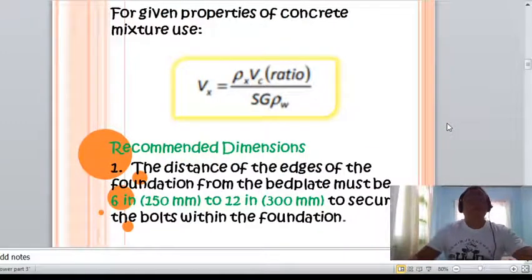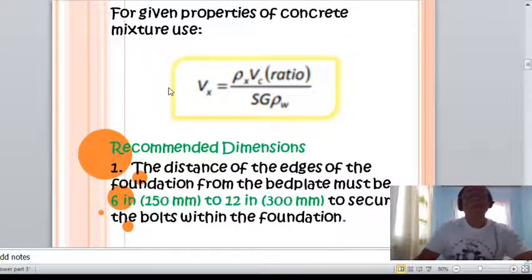For given properties of concrete, in determining the volume, Bx represents the volume of the material required. It is equal to the density of that material, multiplied by the volume of concrete, multiplied by the ratio, whether it is 2 or 4, divided by the specific gravity of the material and the density of water.